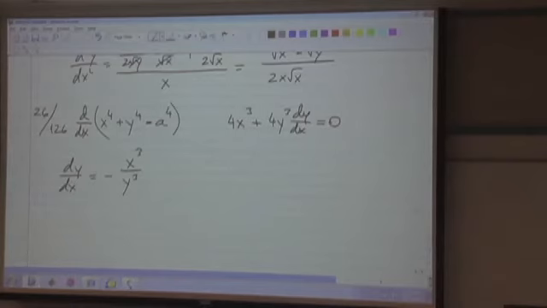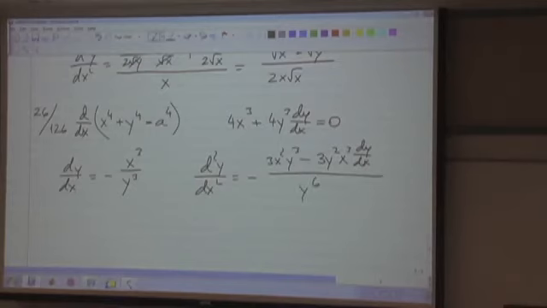The 4's cancel out. And so d squared y over dx squared is equal to minus 3x squared y cubed minus 3y squared x cubed dy over dx divided by y to the 6th.